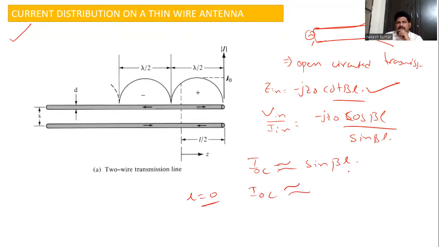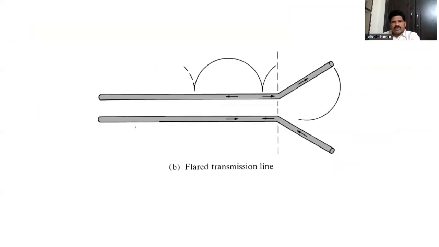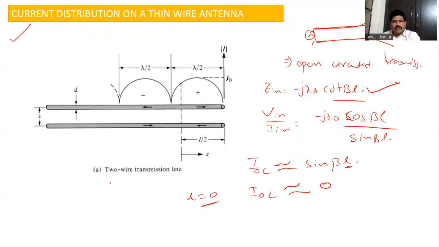Simply substitute: sin 0, so 0. Now the expression is I_oc equal to sin beta L. Let us consider L equal to lambda by 4. Then what is the expression?